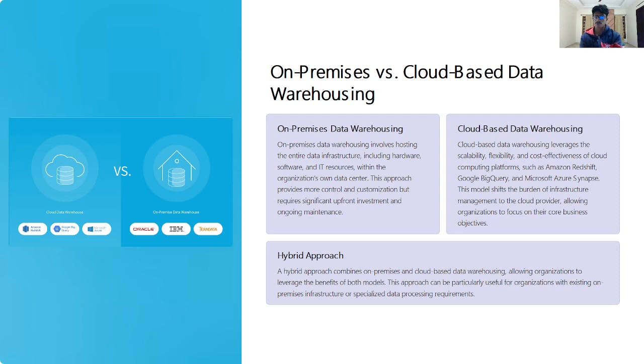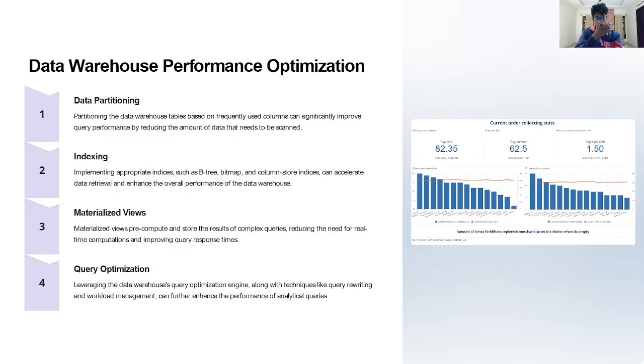This model shifts the burden of infrastructure management to the cloud provider, allowing organizations to focus on their core business objectives. The hybrid approach combines on-premise and cloud-based data warehousing, allowing organizations to leverage the benefits of both models. This approach can be particularly useful for organizations with existing on-premises infrastructure or specialized data and processing requirements.